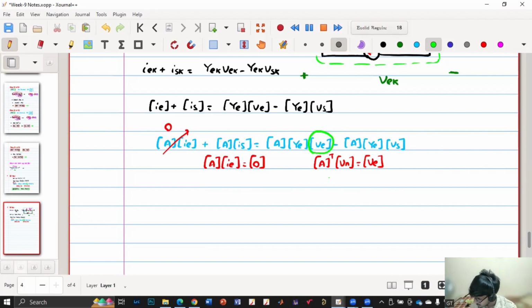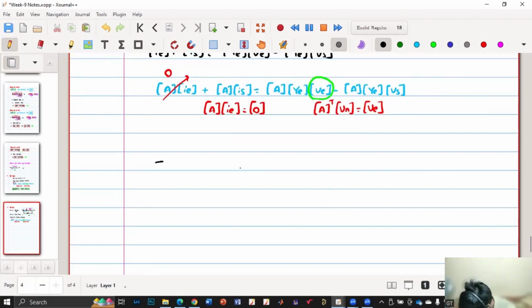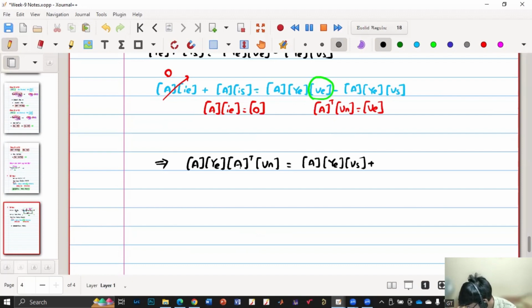So we will be having A matrix into YE matrix into A transpose into V, the node voltages, is equal to A into YE into Vs plus A into Is. Do you agree? I have just put this VE here and then I have written the rest of the equation.